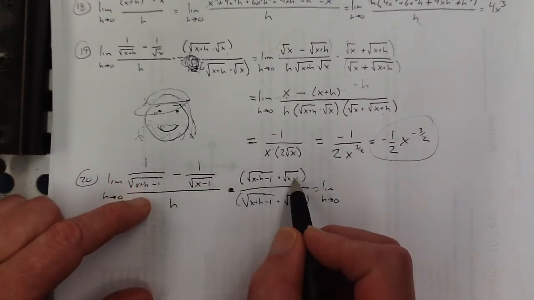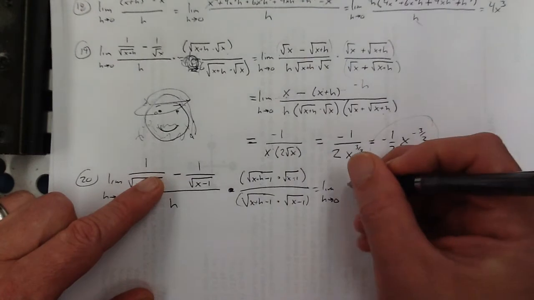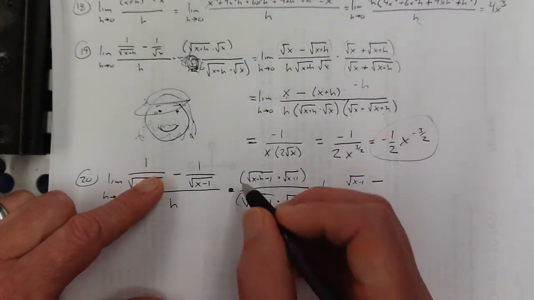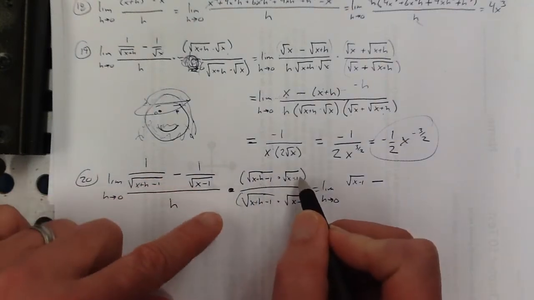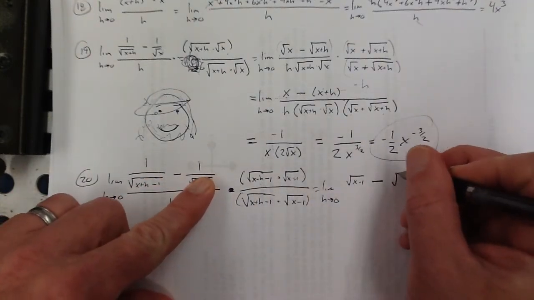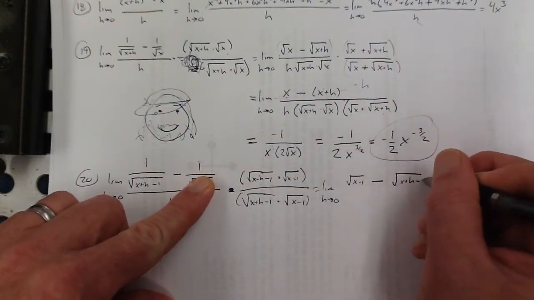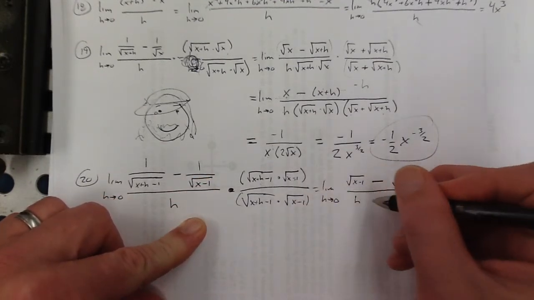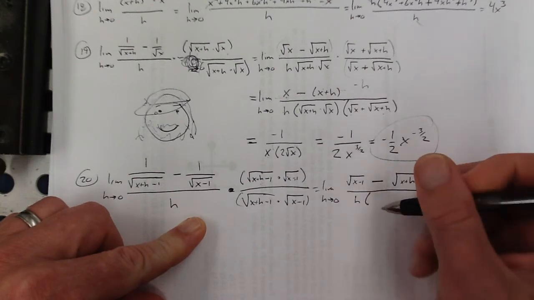So I multiply here, those cancel out, and I end up with, I don't think that's good English, multiply this by that, and then I end up with that. And then on the bottom, I end up with the whole big mess.